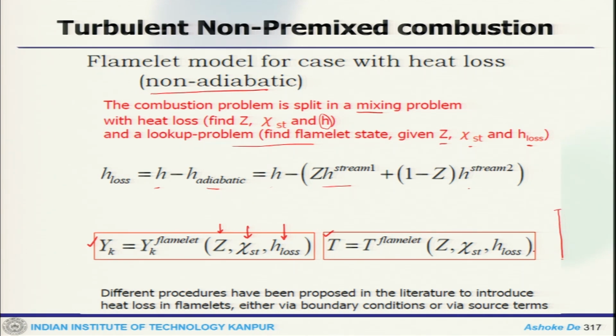These are quite standard methodologies or approaches for calculating non-premixed flames, the turbulent non-premixed flame, and there is a huge literature database available, where one can see how people come up with different ways to define multi-stream problems and such. So we will stop here today and continue this discussion in the next lecture.